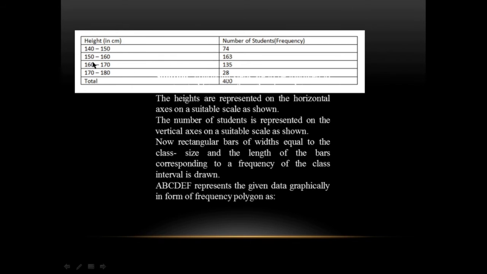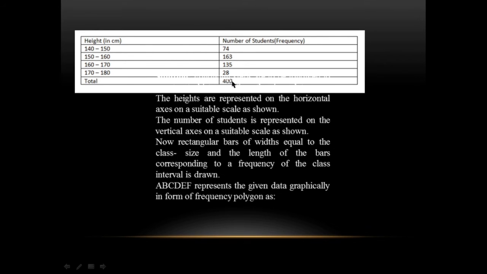163 students have a height between 150 and 160 centimeters, 135 students have a height between 160 and 170 centimeters, and 28 students have a height between 170 and 180 centimeters.